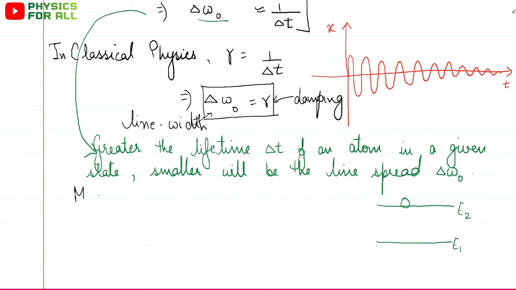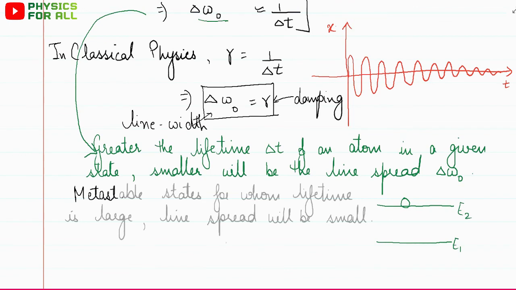So metastable states have a bit longer lifetime. So the line will be sharp, because if line spread is small, the line is not broadening, that means we will get a sharper line there. And if there are unstable states, then they would result in broader spread.